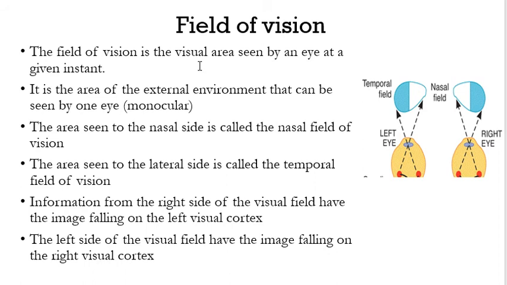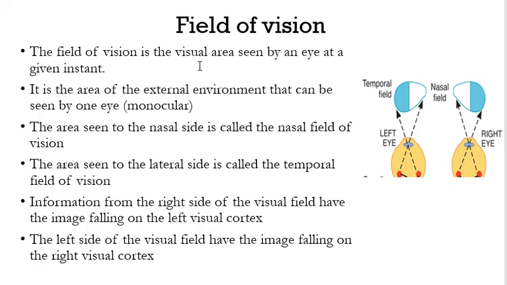Even if you're focusing on something right in front of you, there are certain components around it that are still in the field of vision. So we're talking about what the eye is accommodating, or what rays are coming through into the eye.